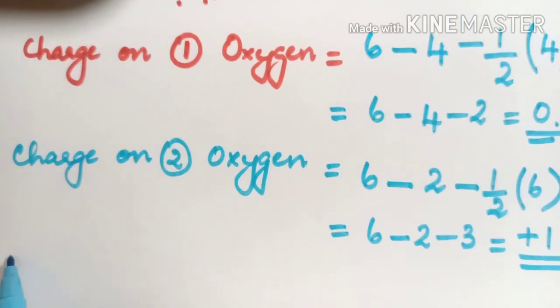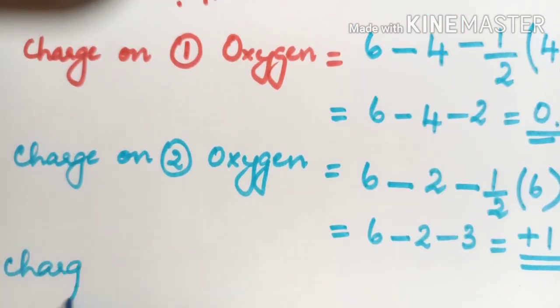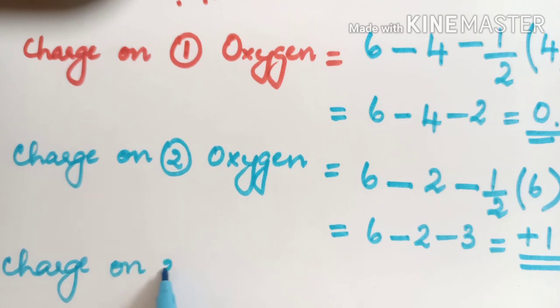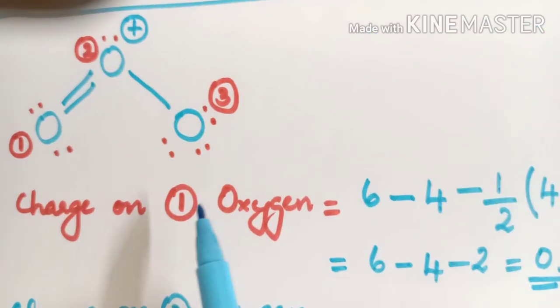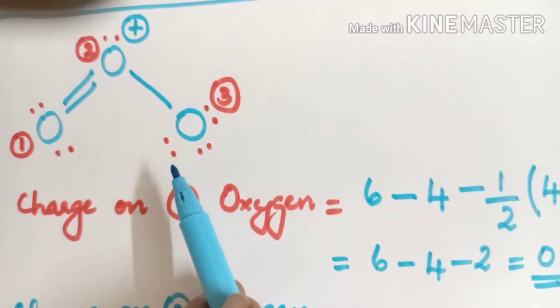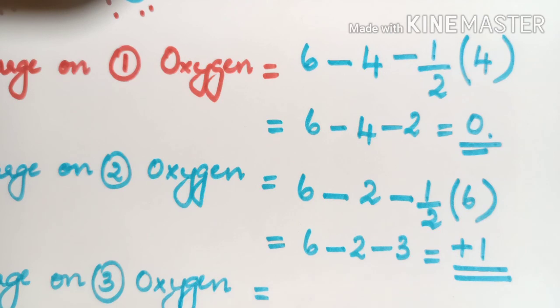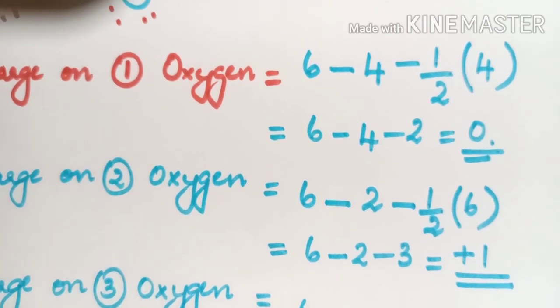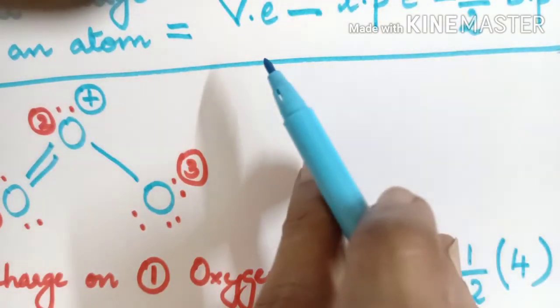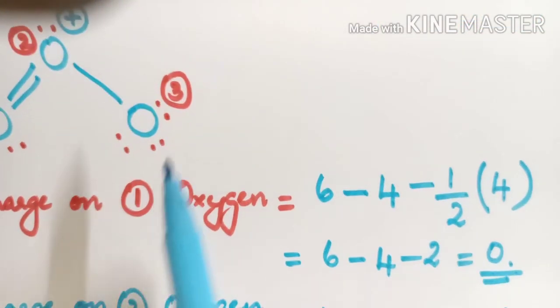Now, the charge on the third oxygen, oxygen number 3. It is again oxygen, so the valence electrons will remain the same, 6. We want valence electrons minus lone pairs.